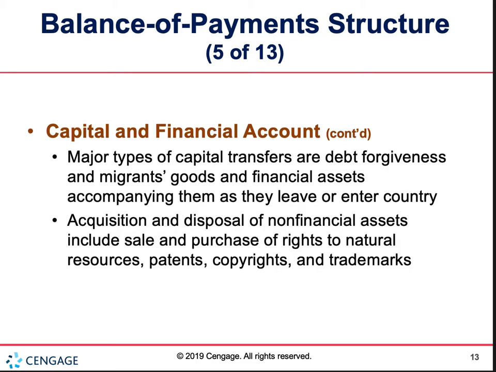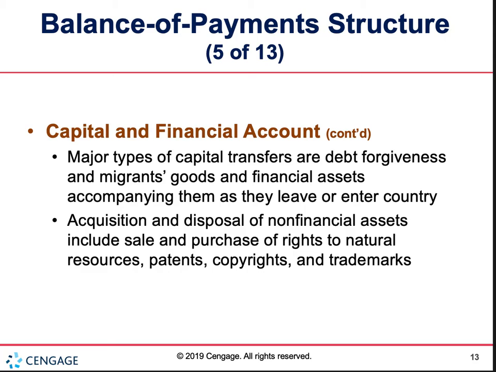Major types of capital transfers are debt forgiveness and migrants' goods and financial assets accompanying them as they leave or enter the country. Acquisitions and disposals of non-financial assets include the sale or purchase of rights to natural resources, patents, copyrights, and trademarks. So again, it's just another account taking into account capital and financial assets.